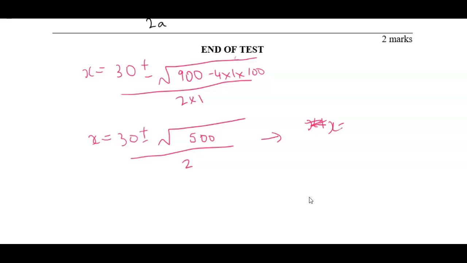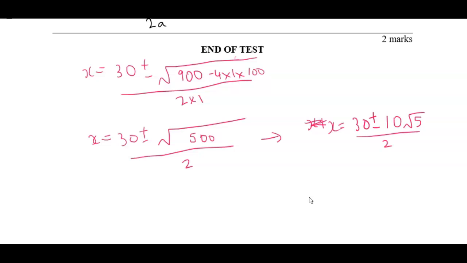x equals, not x plus, x equals 30 plus or minus. Now, we've just done surds, so hopefully you remembered how to simplify this. This becomes 5 times 100, so it's going to come out as 10 root 5 over 2.